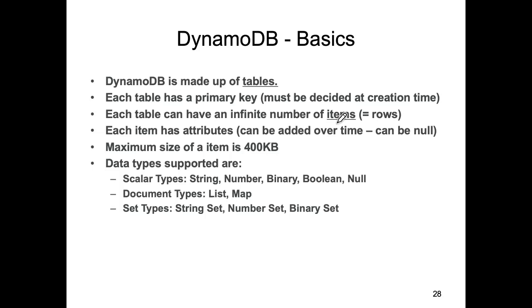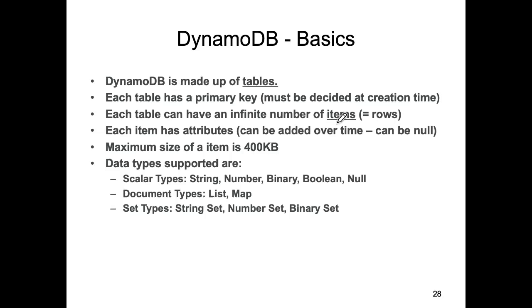The next line is saying each item has attributes. The attributes are kind of columns, if you like, but I've already said that DynamoDB is schemaless, so the attributes for one record might be completely different from the attributes for another record, and DynamoDB doesn't complain about that.